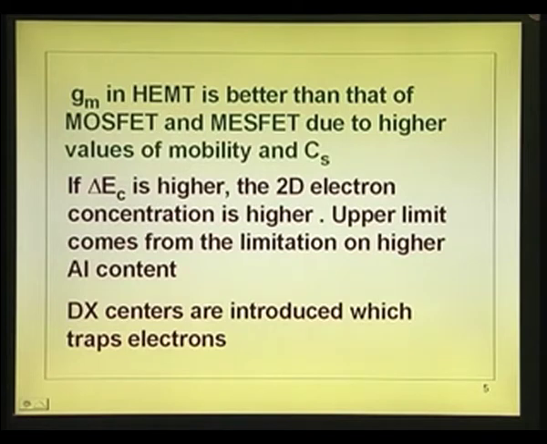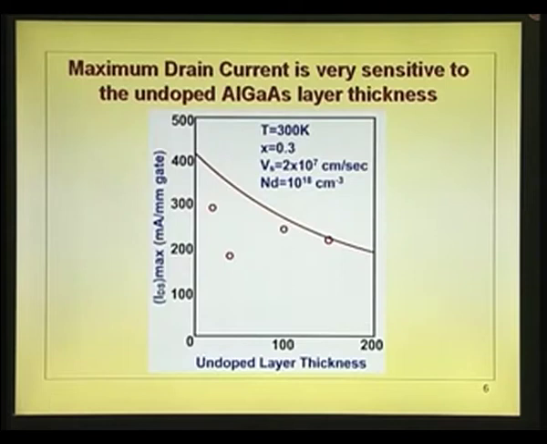So, this is the DX center, it is a trap level. There is an upper limit, usually they limit it to an X of about 0.3, not even go to 0.4, which will give you delta EC less than 0.3 electron volt.